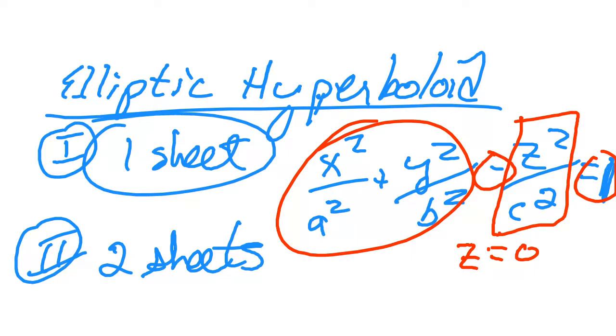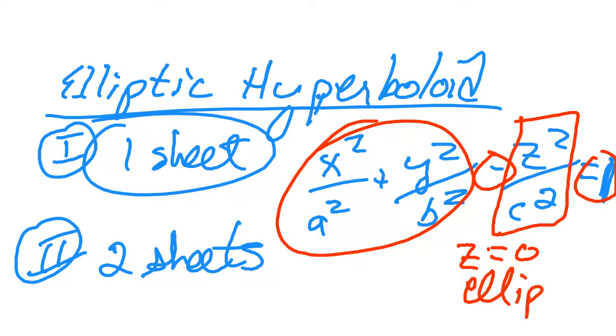Now that ellipse happens to look like a circle. Remember, a circle is a type of ellipse where a squared and b squared are the same number. So it could be a circle, but it could be a little bit elongated as well if a and b are not the same value. So that'd be an ellipse.